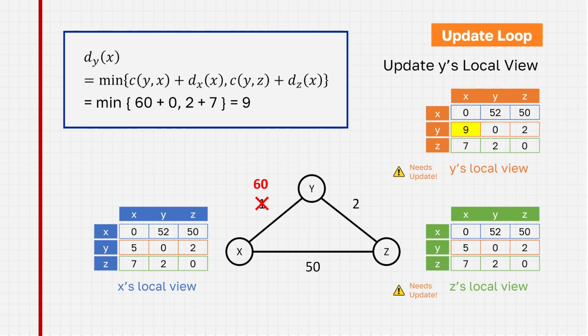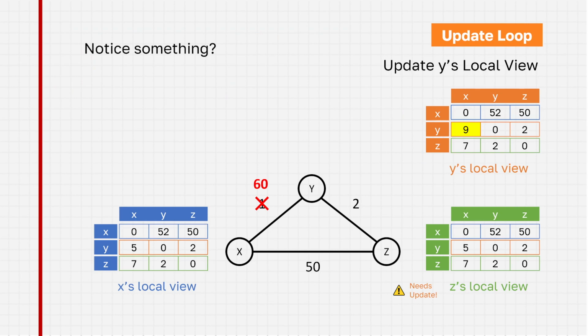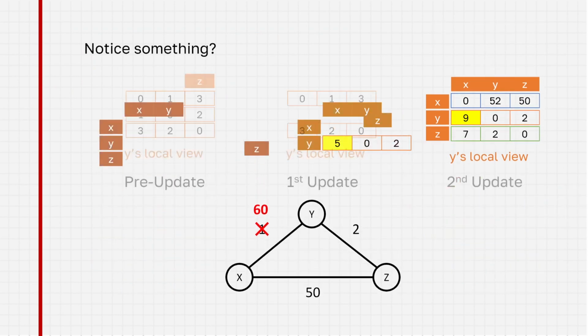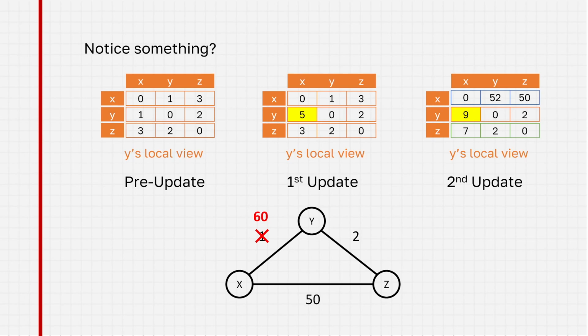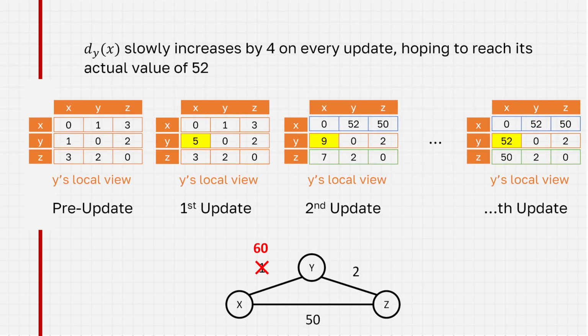Is this the count to infinity problem? What happens here is you will see that every iteration your y goes up by 4, by 4, by 4, by 4. It will continue this way until it eventually reaches 52.